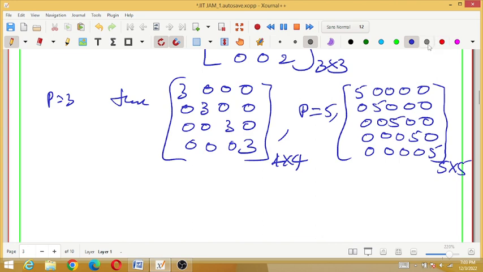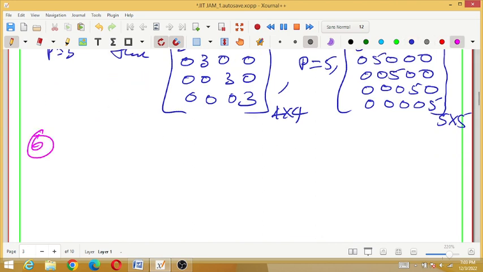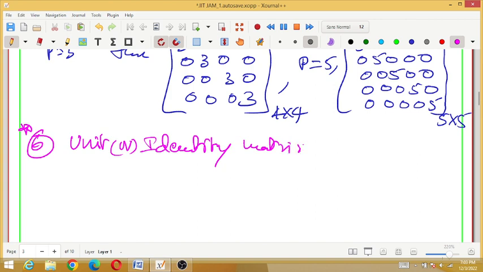Okay, my dear students, one more important type: unit or identity matrix.